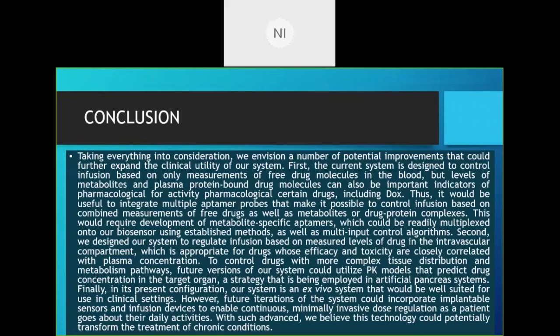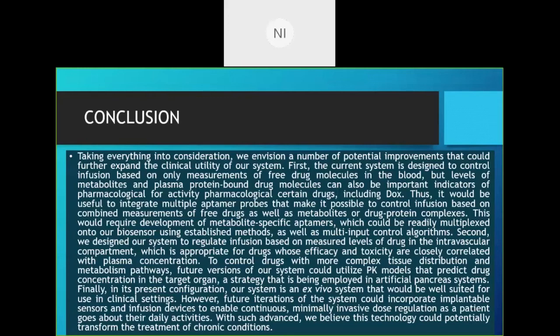Thus, it will be useful to integrate multiple aptamer probes that make it possible to control infusion based on combined measurements of free drugs as well as metabolites or drug protein complexes.